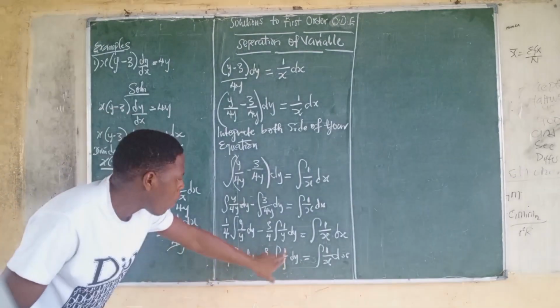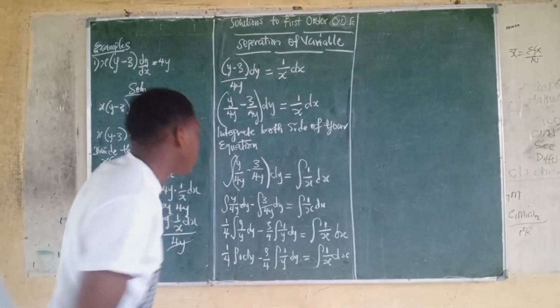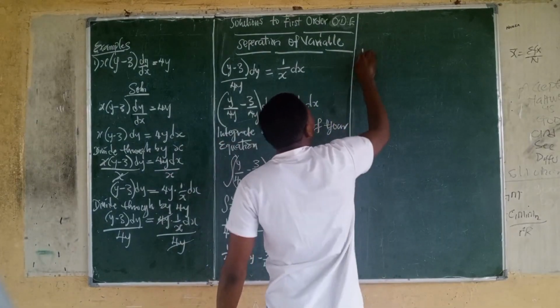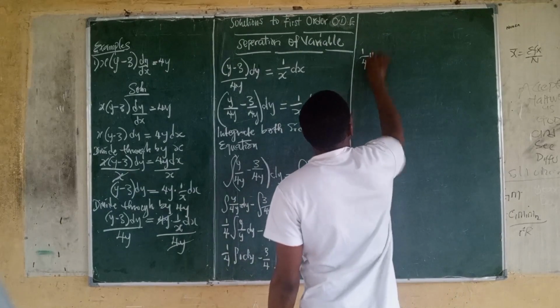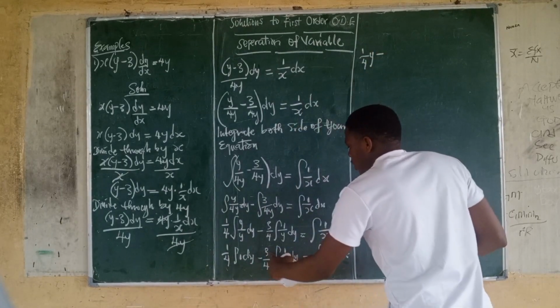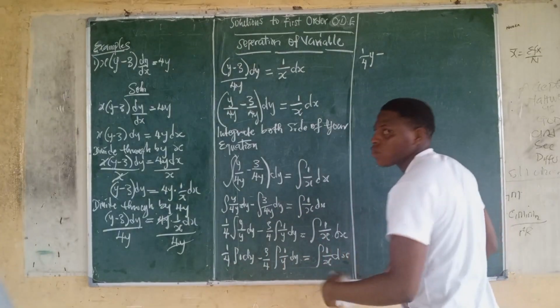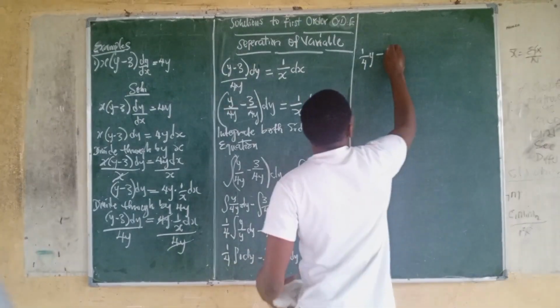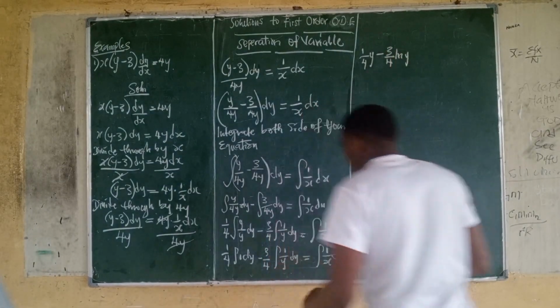And if you integrate 1 over y, you are left with ln y. So this can be written as 1 over 4 y minus 3 over 4 ln y.